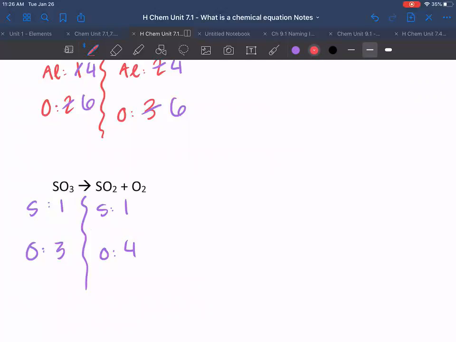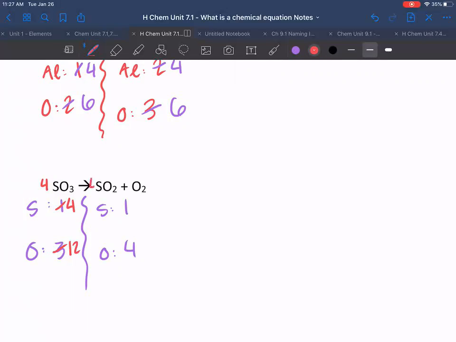So here, the lowest denominator is 12 between the oxygens. And so I'm going to throw a 4 in front of SO3. That means we have 4 sulfurs and 12 oxygens. On the right side, we have to now get that to 12, but we have to think about sulfur. The only way we can adjust sulfur is from SO2 on the right side.